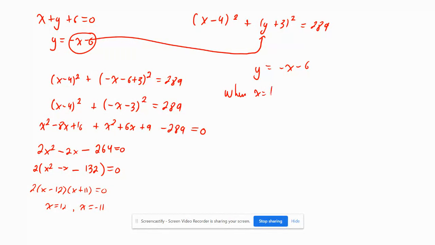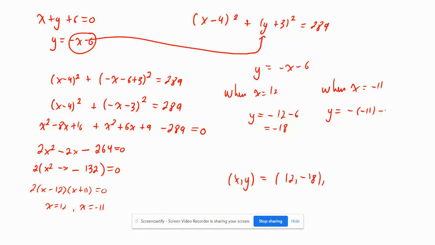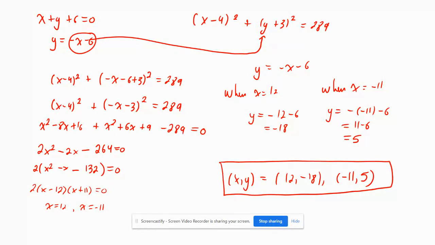When x equals 12, I get y equals negative 12 minus 6, which is negative 18. We get 5. And we get these two intersection points right here.